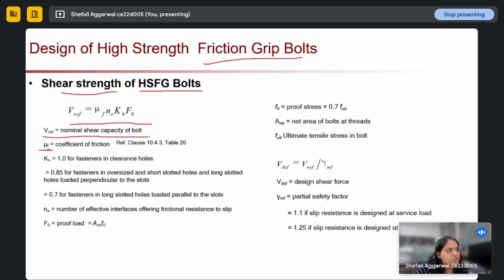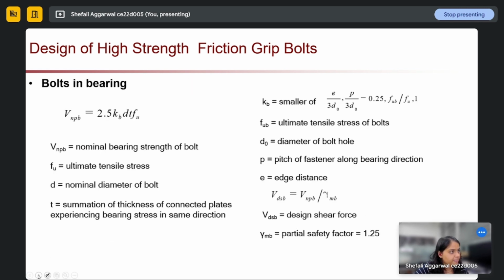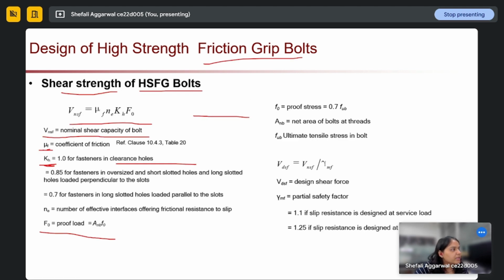The nominal shear capacity of bolts will depend on the coefficient of friction. KH is the coefficient for clearance hole, and F naught is again the proof load. Proof load is a type of tension load which is included in friction grip bolts. When two plates are joined with a bolt, we have a tensile stress over it.